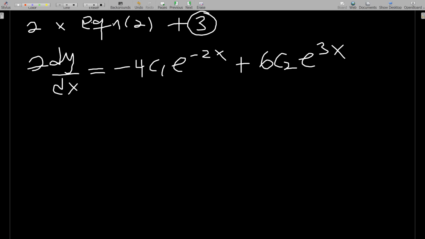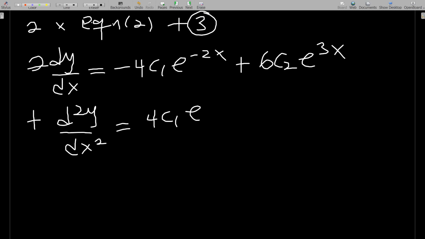Then we are saying plus equation 3, and equation 3 is d squared y dx squared equals 4c1 e to the negative 2x plus 9c2 e to the 3x.